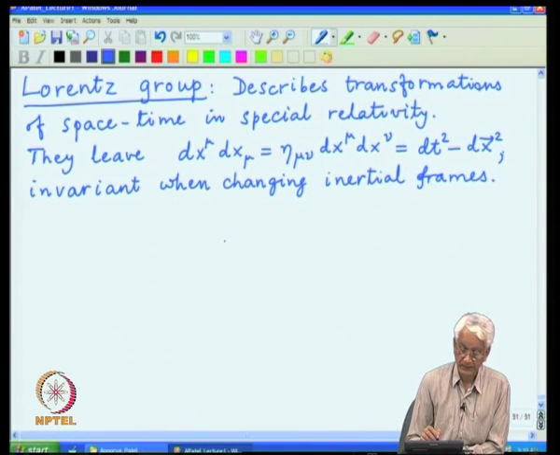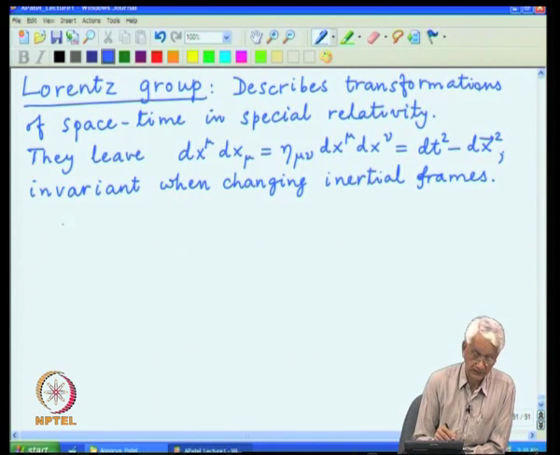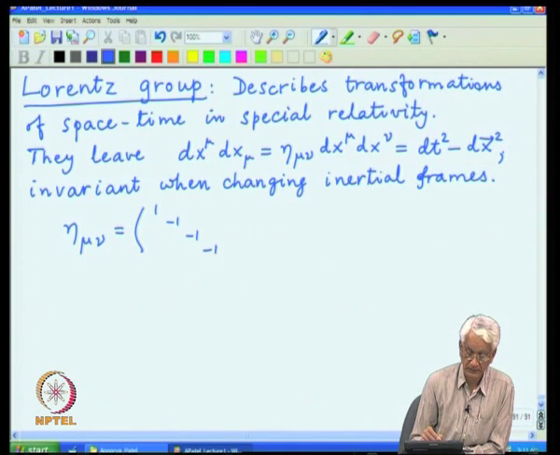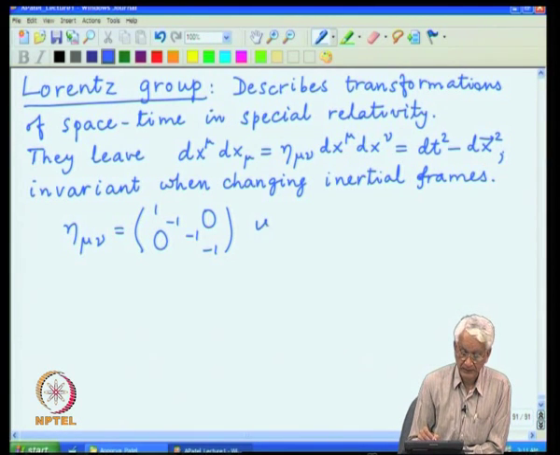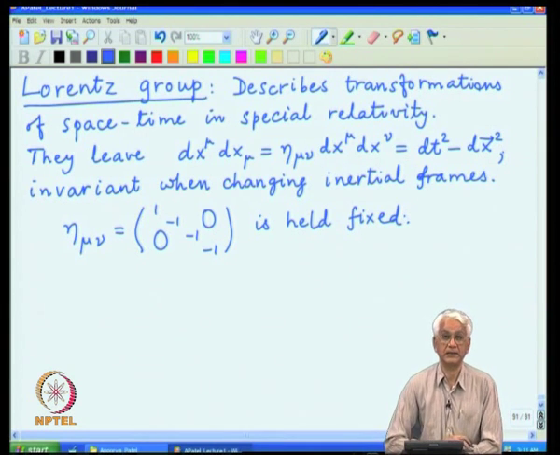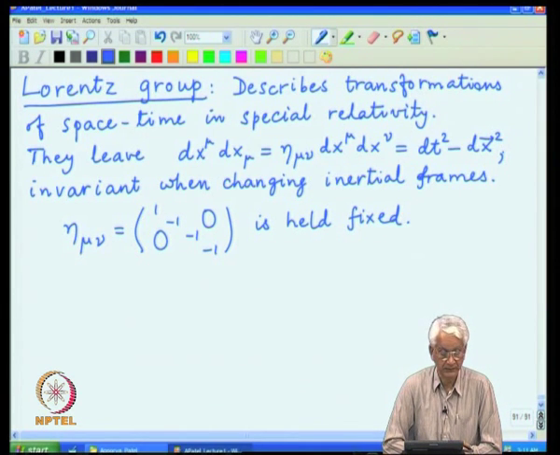Not only this vector dx mu square remains unchanged, this metric, so called Minkowski metric, for which I have chosen the convention of +1 for the time and -1 for the space direction, is held fixed under this changing of frames.